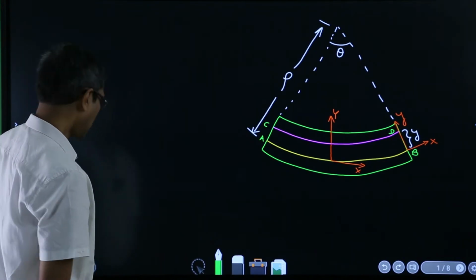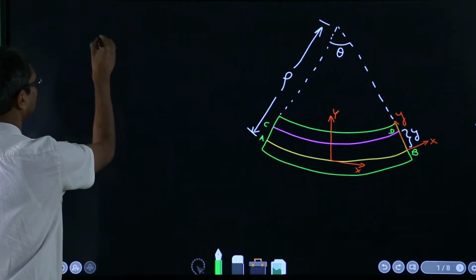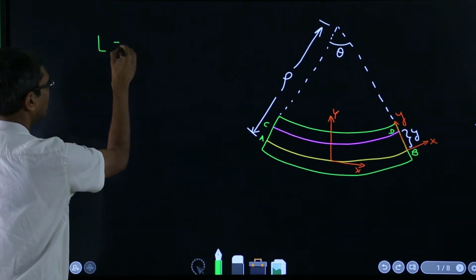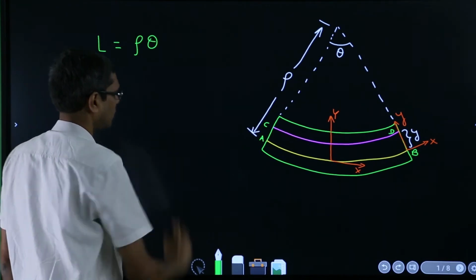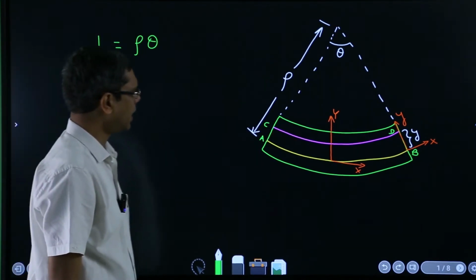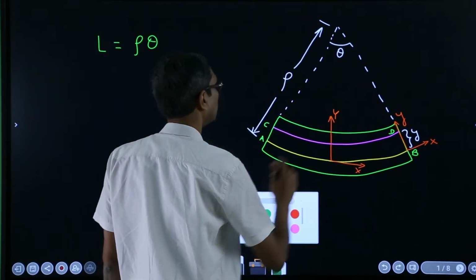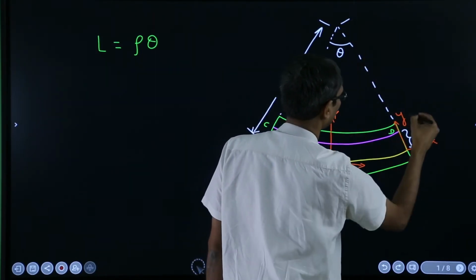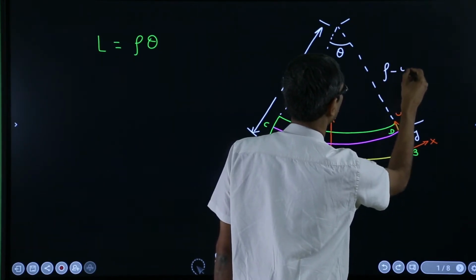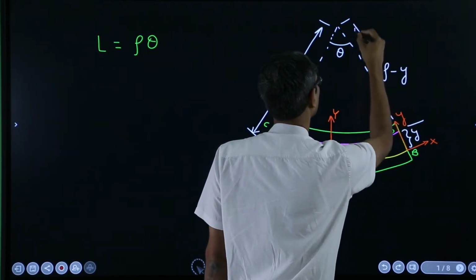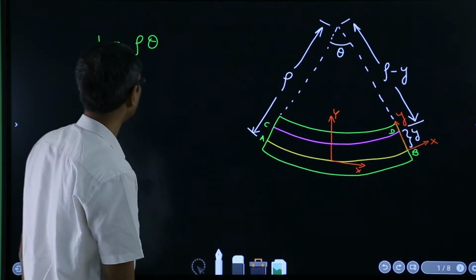So now the length of AB, suppose that is L, is what? Rho times theta, right? But then this distance is how much? This distance is now rho minus y, from the center to the fiber under consideration.